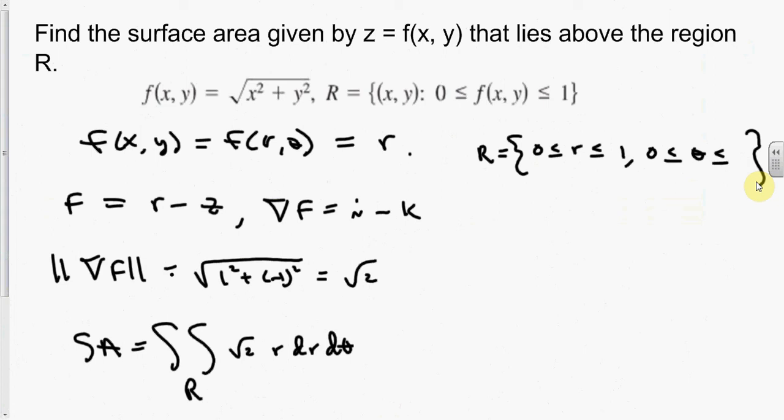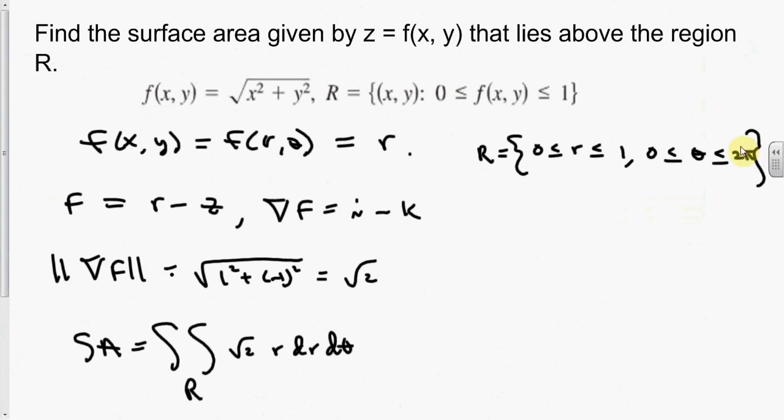F of x, y is the height, but in terms of x and y, what can x and y be? It says, the region here, for all x, y such that the function values are between 0 and 1. The z values are between 0 and 1. What's the restriction on x and y? So it goes to 2 pi.